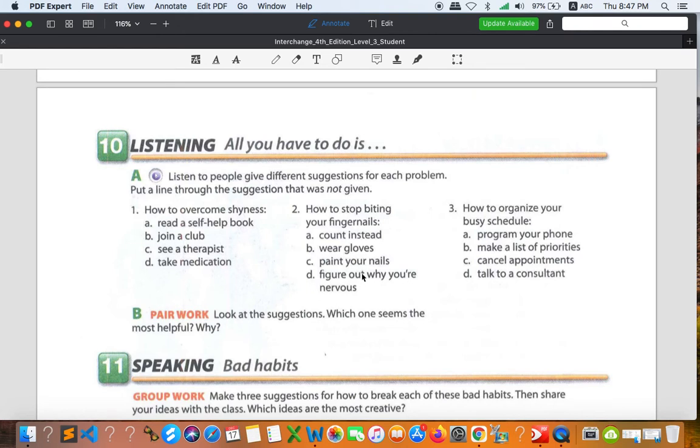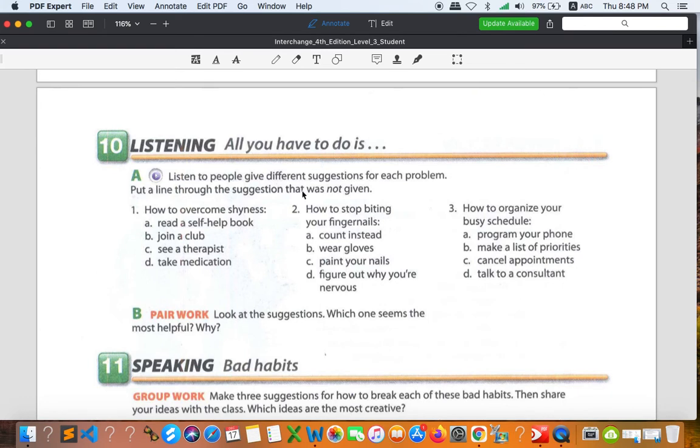And the last one, figure out why you're nervous. Just find out the reason why. And number 3, how to organize your busy schedule. So A, program your phone, make a list of priorities, cancel appointments, and talk to a consultant. You can come up with your own idea, everybody, to pick the answer, but in this activity you have to listen and find out the answer.